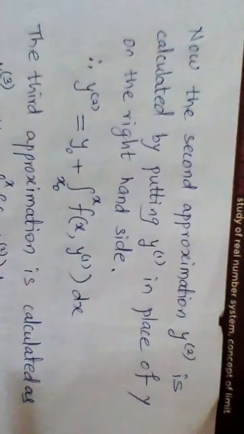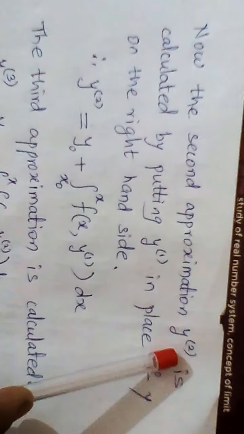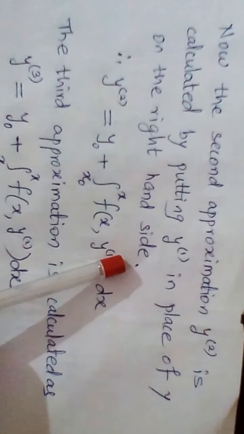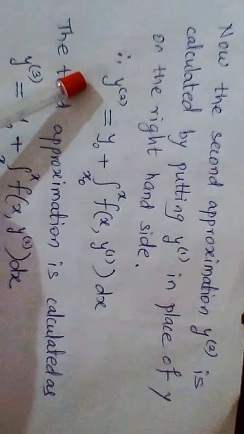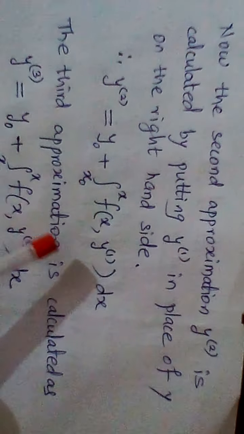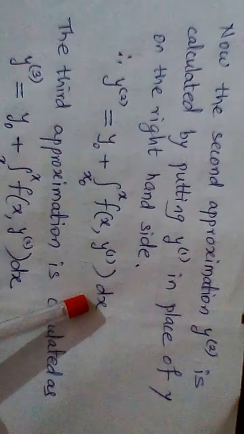Now, the second approximation, which we denote as y superscript 2, is calculated by putting y1 in place of y on the right hand side in the function. So what we get? Y second approximation is equal to y naught plus integration from x naught to x f of x comma y1 dx.